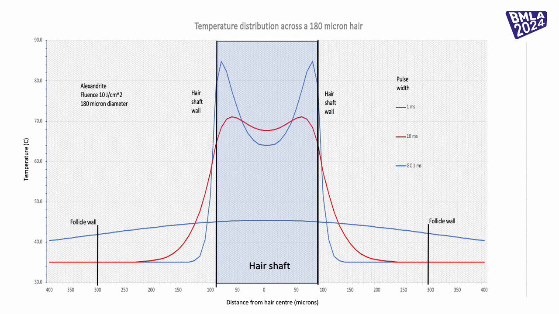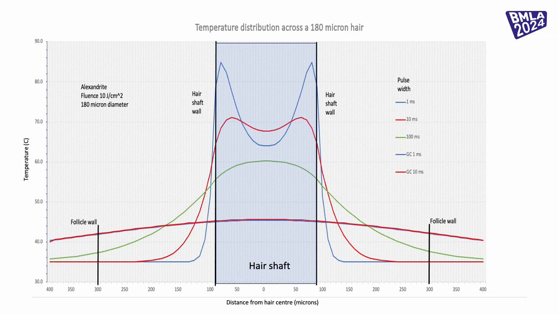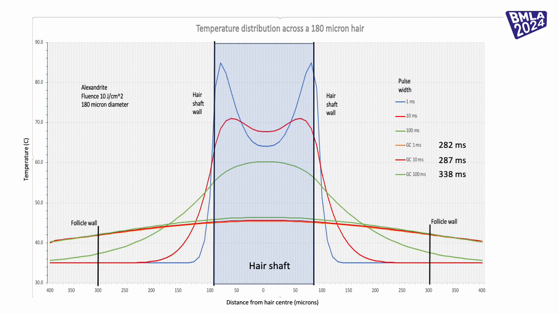For a 10 millisecond pulse, the red line shows the profile at the end of 10 milliseconds, and at 287 milliseconds, when that profile has relaxed, you can see the red line at the follicle wall. Then for a 100 millisecond pulse, we see the green curve here, and at the end of 338 milliseconds, it has also relaxed. Now, the interesting thing here is that the three profiles in the hair shaft itself, with the melanin which has absorbed the light, are quite markedly different.